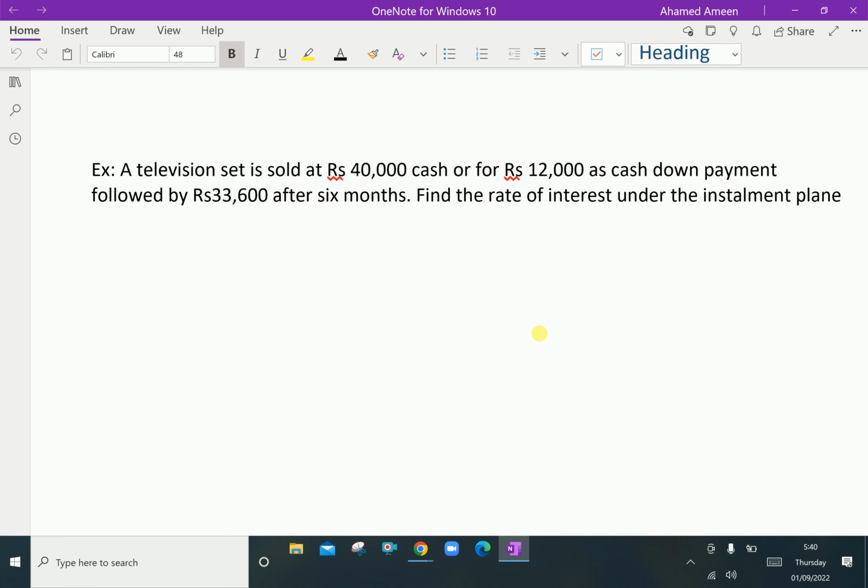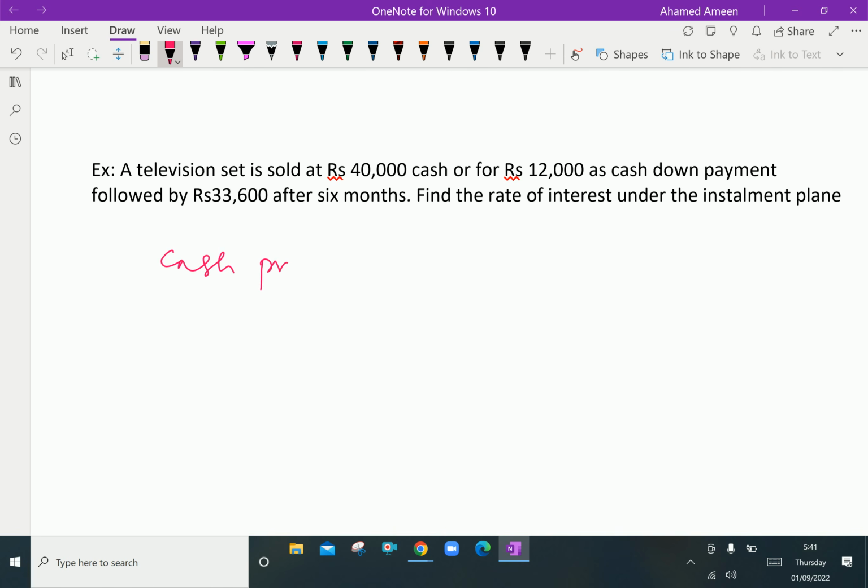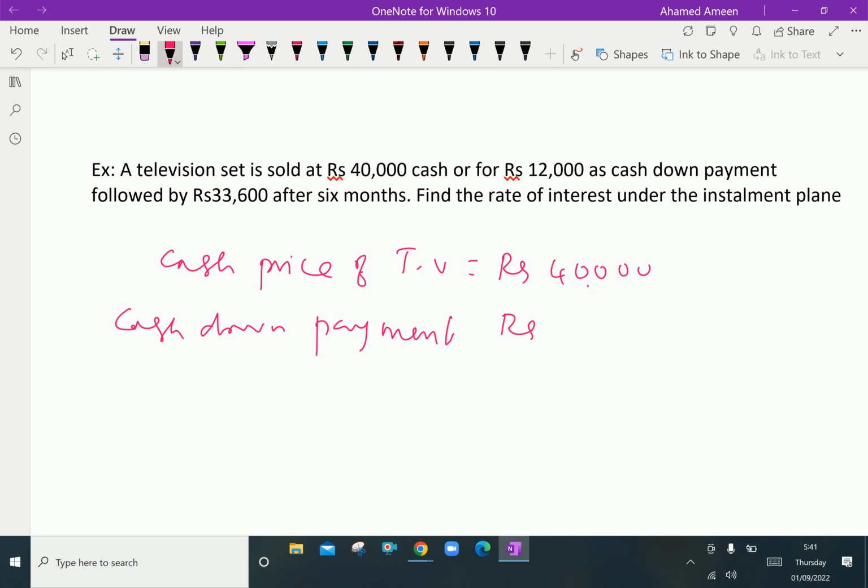Now let us start this problem. First, the cash price of the television is ₹40,000. The cash down payment is ₹12,000.